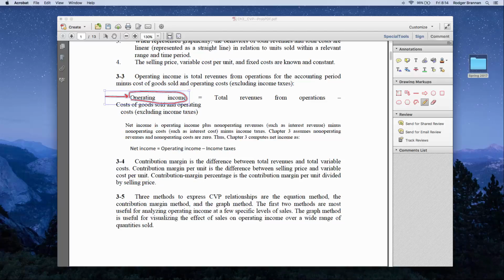Now, contribution margin is very strictly the difference between revenues and variable cost. And again, in this chapter, we're not going to make a distinction between manufacturing and non-manufacturing. Whether it's variable cost or fixed cost, all variable costs are included in the calculation of contribution margin. And all fixed costs are lumped together to arrive at operating income.